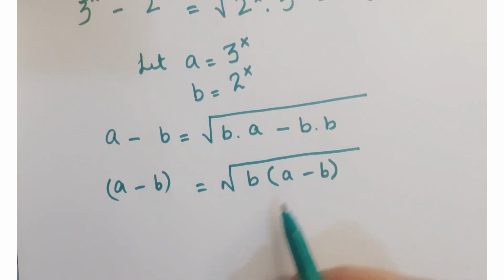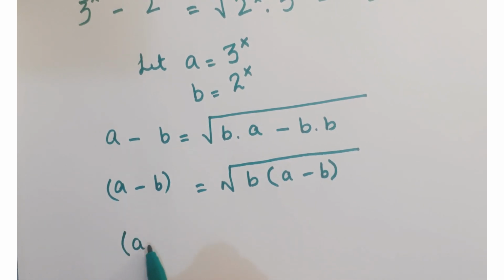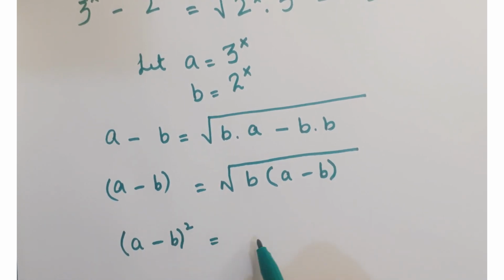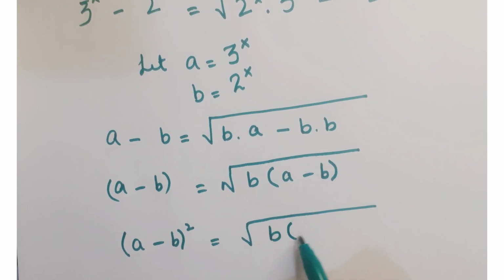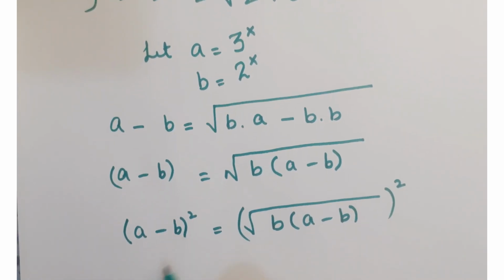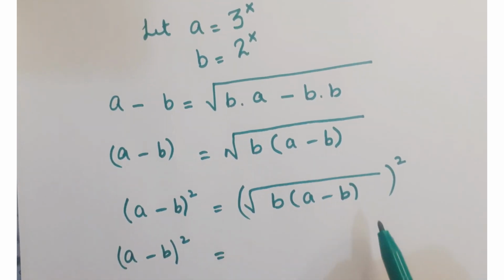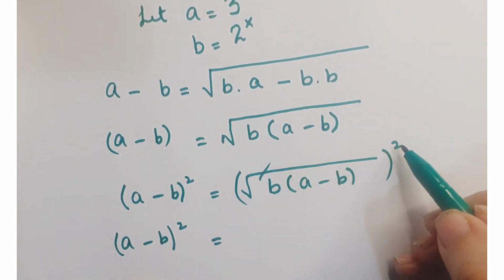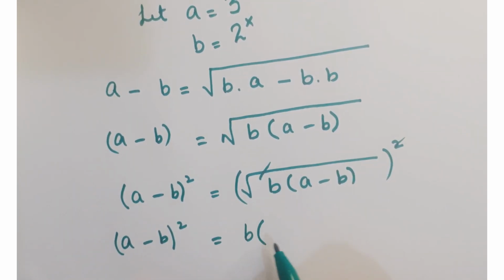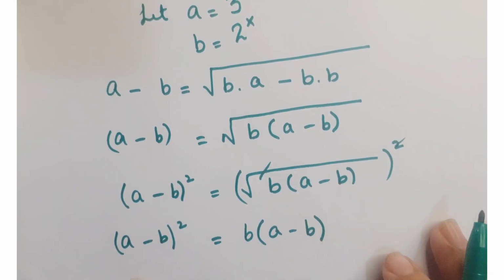Now, in order to remove this square root sign, we will apply squaring on both sides. So, here we have (a minus b) whole square. We are not going to expand it, and this square root sign and this 2 get cancelled. So, we have b into (a minus b).